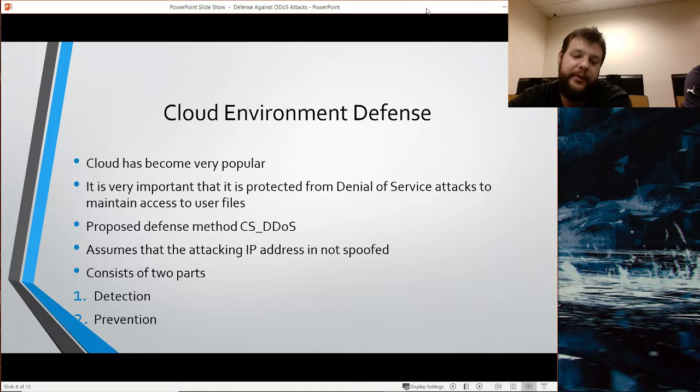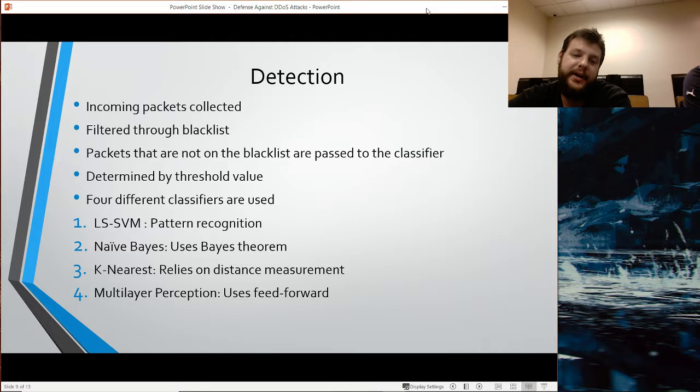The proposed defense method is CS DDoS. It operates under the assumption that the attacker is not using a spoofed address, and it consists of two parts. The first one is detection, and the second one is prevention. So to talk about detection, all of the incoming traffic and packets are collected, and then they're compared to a previously made blacklist from previous attacks.